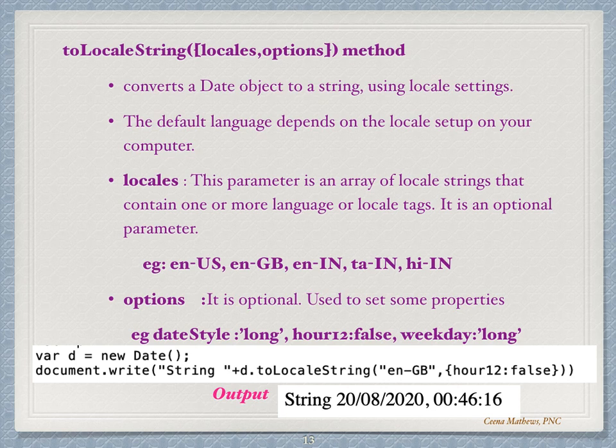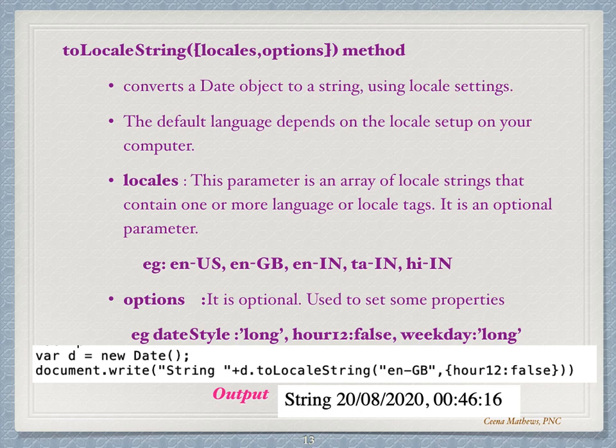It is optional, and in the example, it displays en-US, that is US English. en-GB is British English, en-IN is Indian English, ta-IN is Tamil India, and hi is Hindi. These are only some of the locales that can be given using this locales parameter. There are various other local languages available.